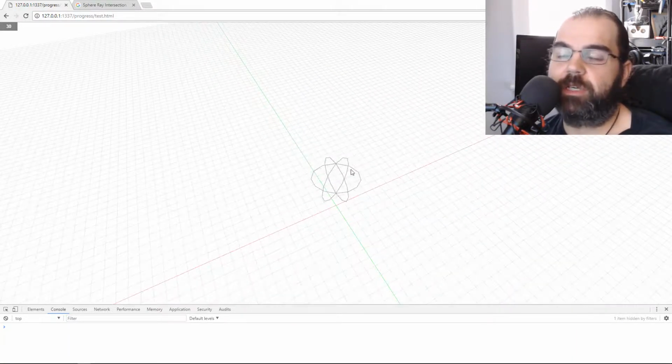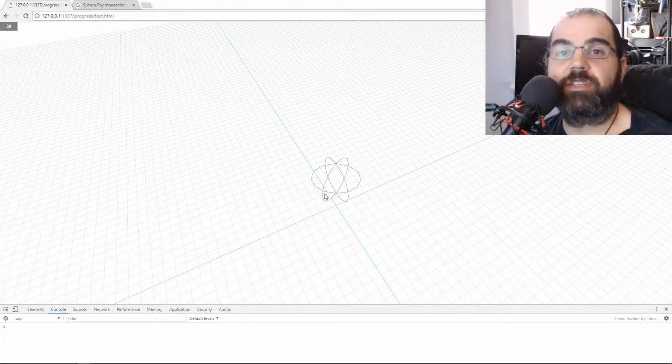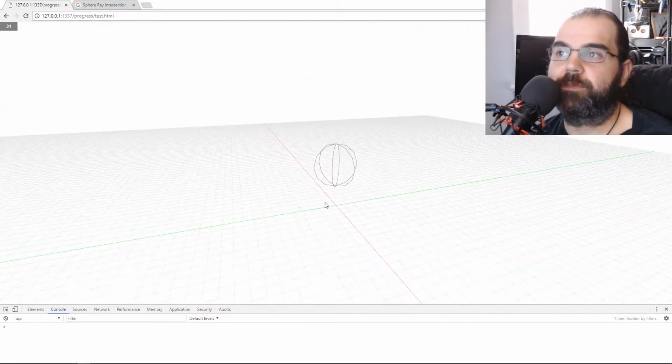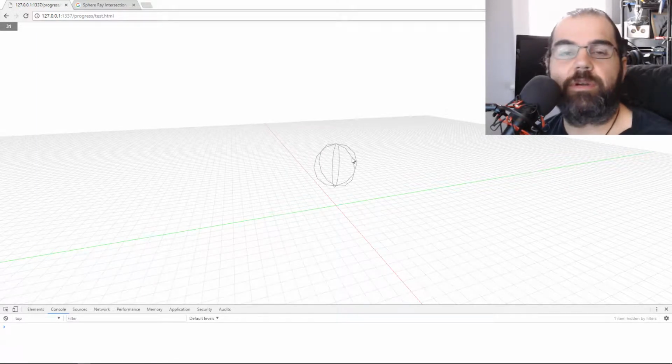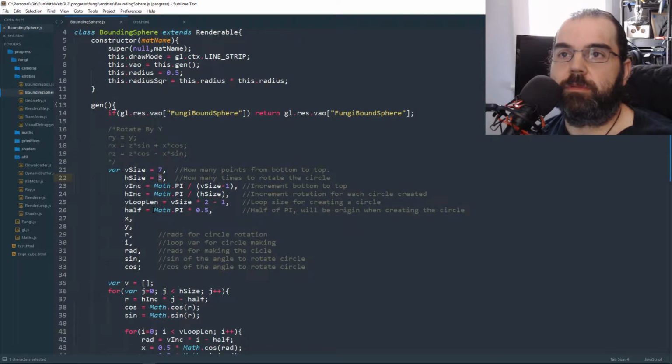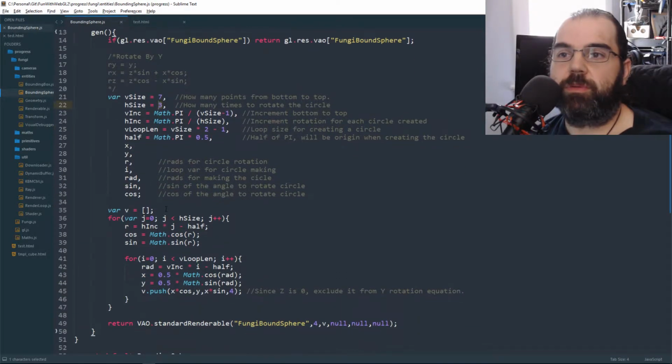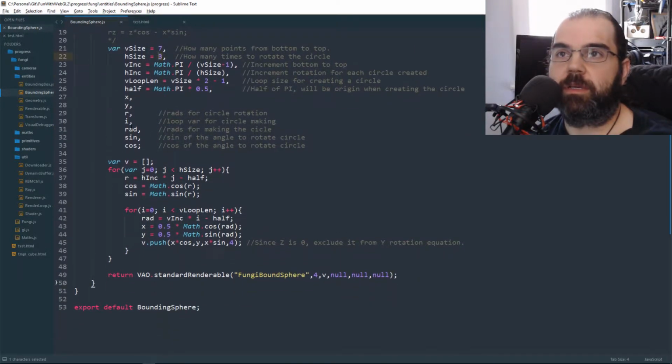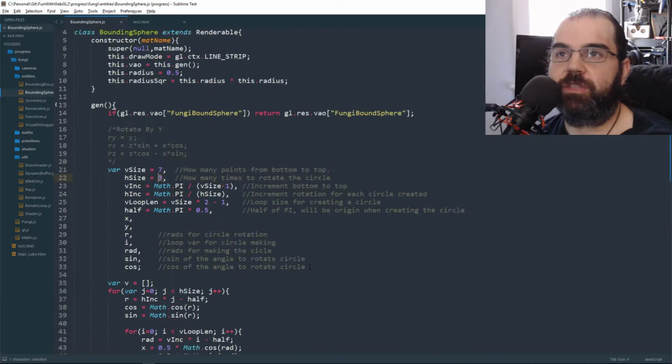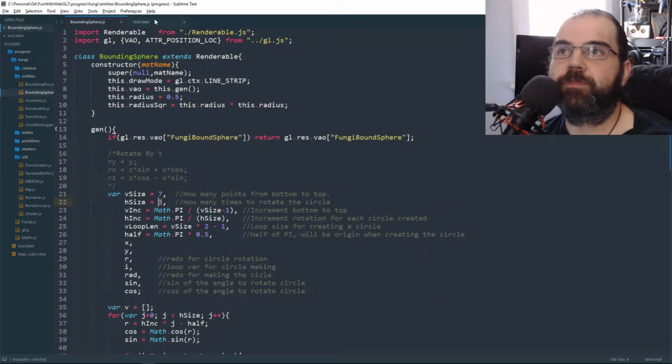And that's why I use a line strip. I'm using the least amount of vertices to create a sphere, and it's easier to render a line than an entire mesh. So you can pause and scroll through, or you can get this from GitHub. But that's the gist of how this thing is put together.